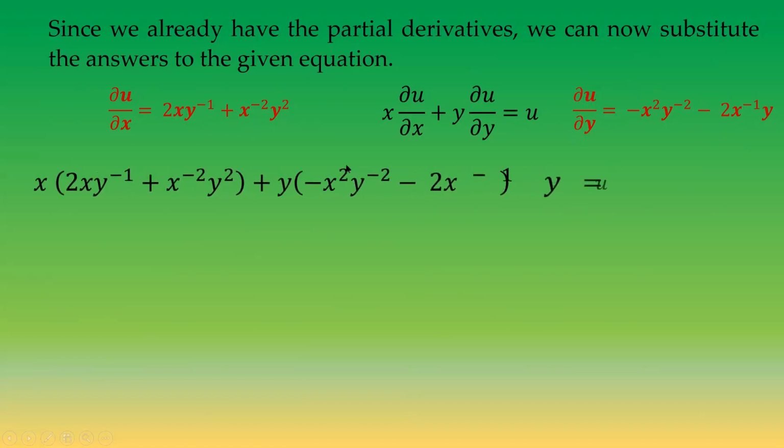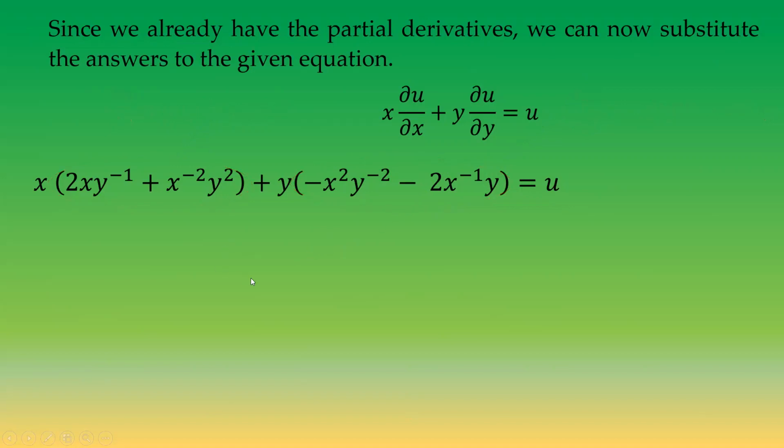Palitan natin. Sabi dito, x multiplied by the partial derivative with respect to x, plus y multiplied by the partial derivative of u with respect to y. So, equal yan sa u.